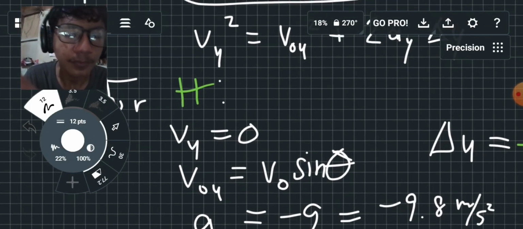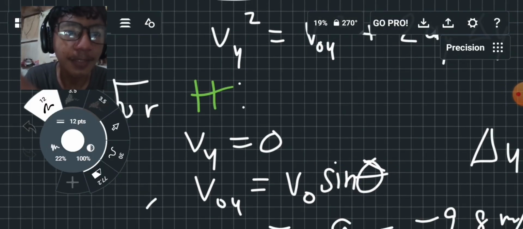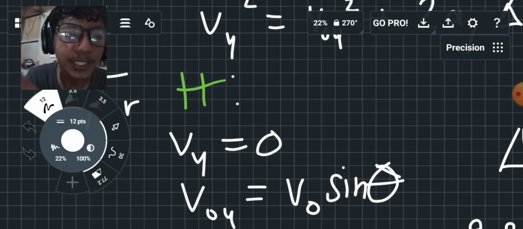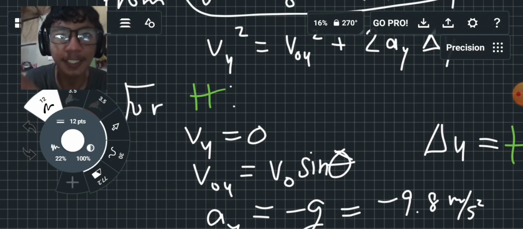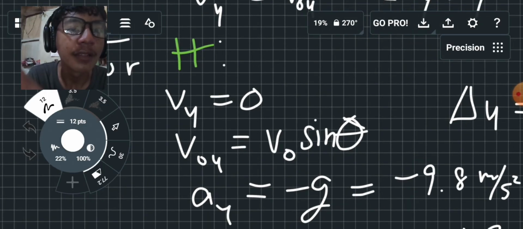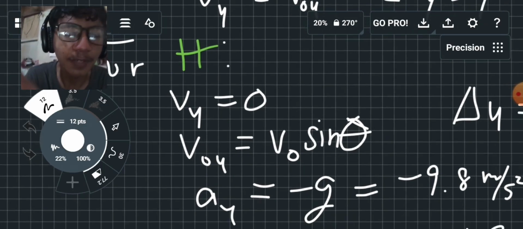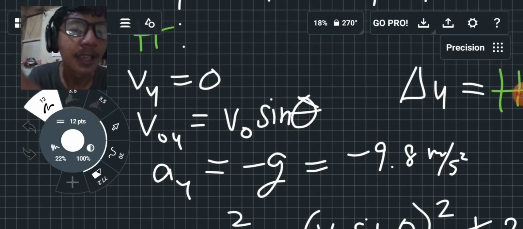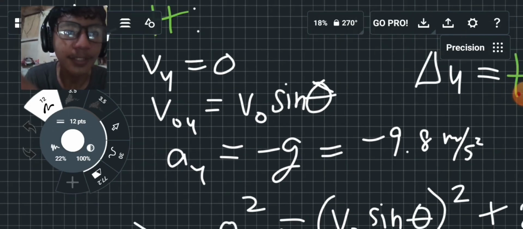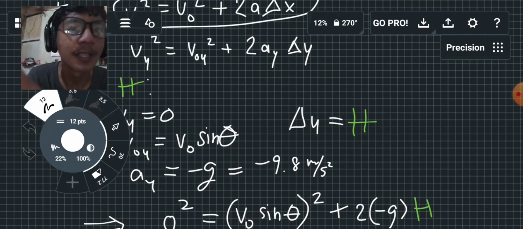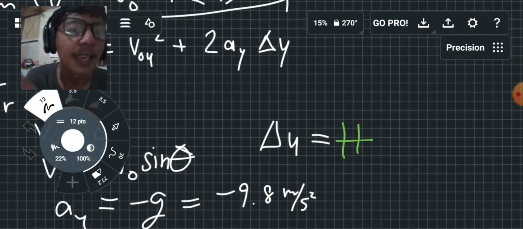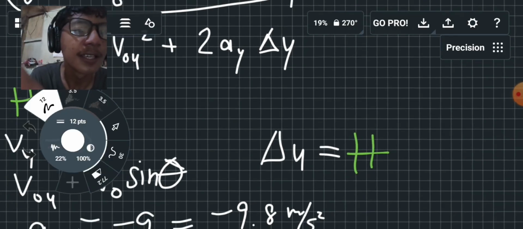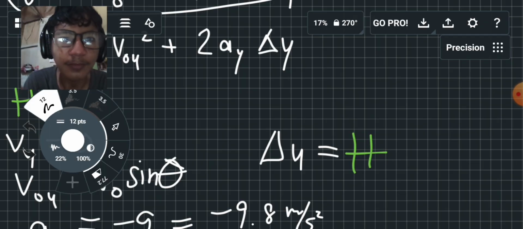In this moment, the v sub y is 0, since it is at its peak, as I said before, and v naught y is v naught sine theta, and acceleration in the y direction is nothing but negative g, or negative 9.8 meters per second square, and this change in position in the y direction is h.